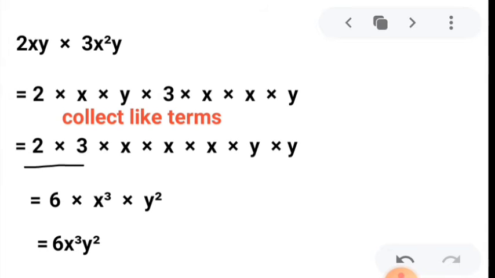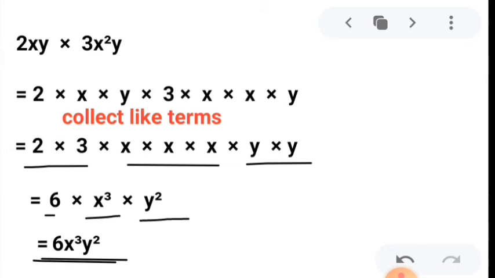The numbers are 2 and 3. We bring the letter x together and we bring the letter y together. So 2 times 3 will give us 6. x times x times x will give us x raised to the power 3, and y times y will give us y raised to the power 2. So 6 times x raised to the power 3 times y raised to the power 2 is 6x raised to the power 3 y raised to the power 2, and that is the answer.